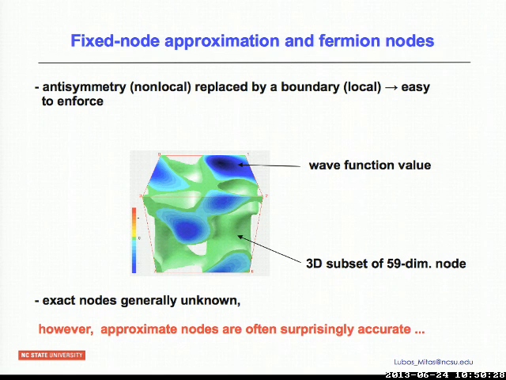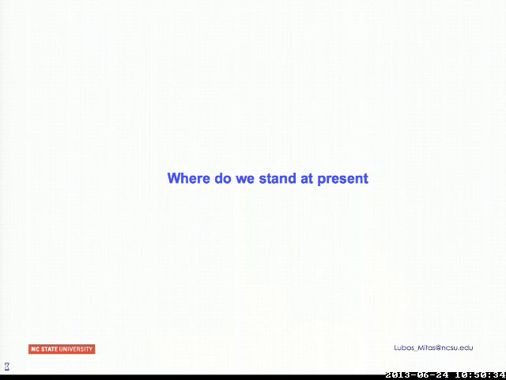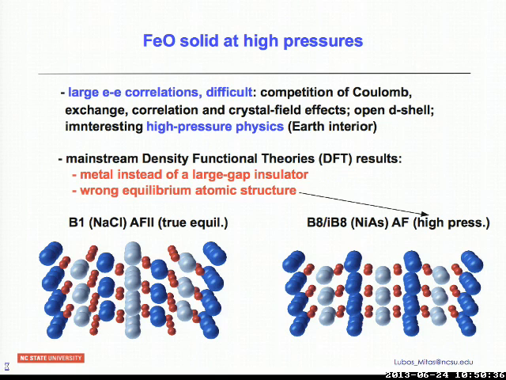What is interesting is that approximate nodes are often surprisingly accurate. Let me give you an example of this. This is typical of what you would do in condensed matter physics. I just have chosen this example because it was kind of an interesting case. If you take iron oxide solid, transition metal oxides are very complicated materials because they can show almost any quantum phases which you can think of.